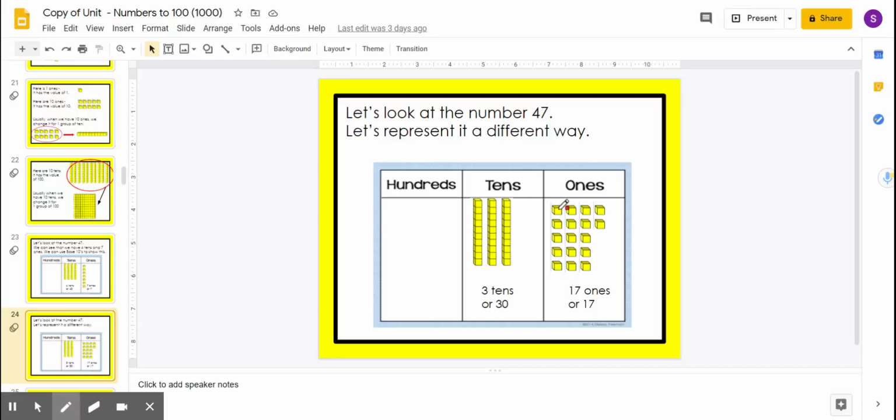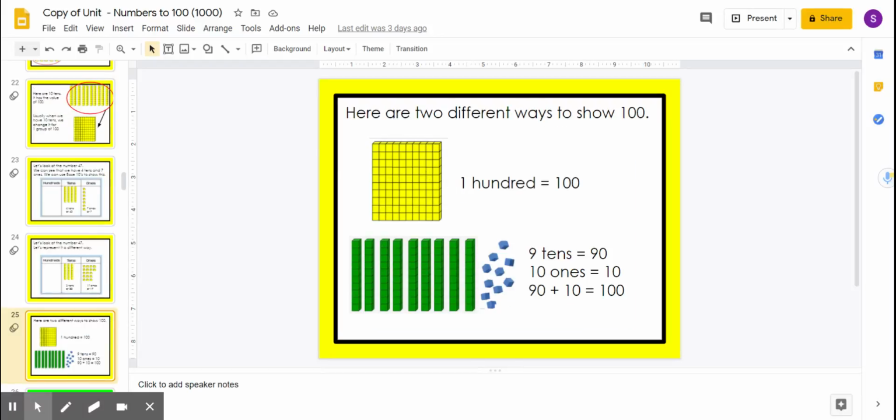So now I have 17 ones. And if you were to count these up, there'd be 17: 5, 10, 15, 16, 17. And we know 30 plus 17 is 47, right? 30 plus 10 is 40, 0 plus 7 is 7. So that's 47.